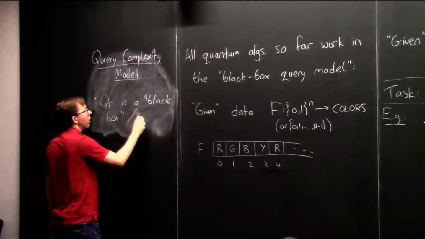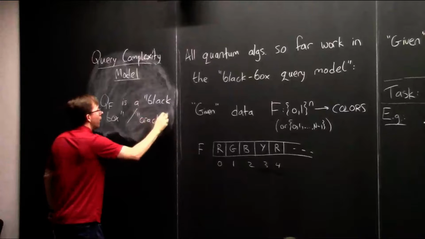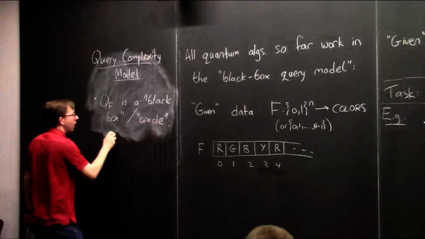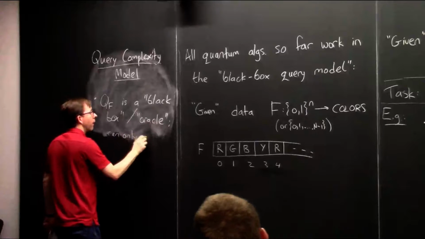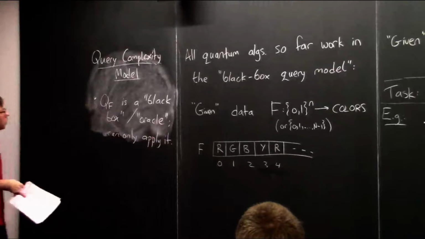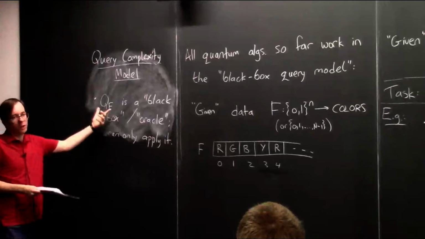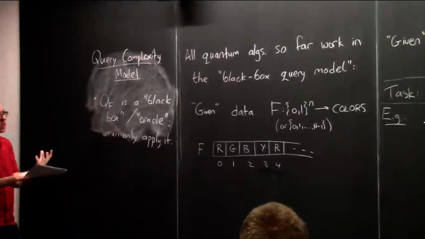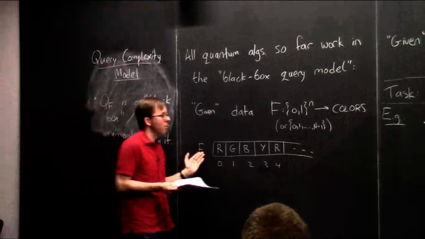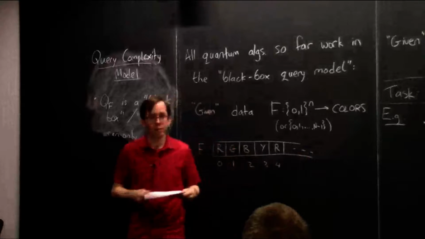Or sometimes it's called an oracle, which basically means you're only allowed to apply it. You're not allowed to look into how Q_f is composed of gates. You should, in fact, just think of it as some magic box that somebody gives you that gives you access to some table of data, capital F.